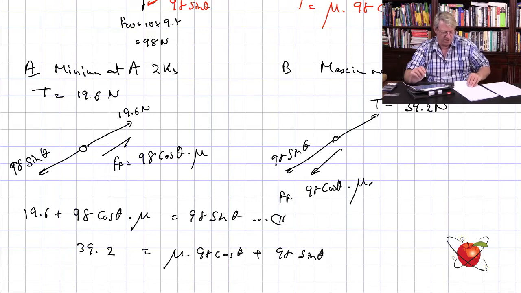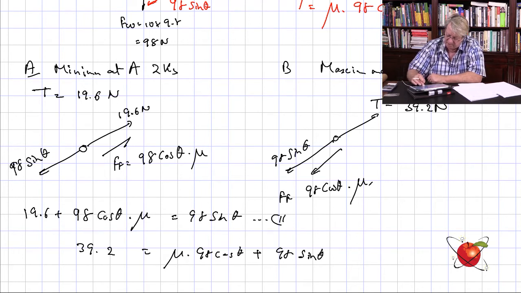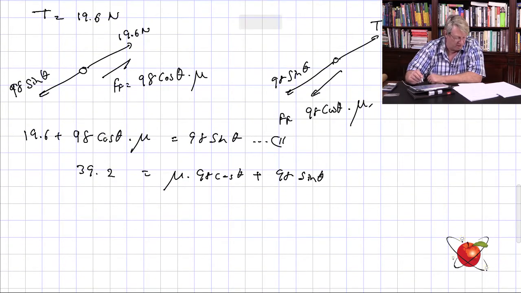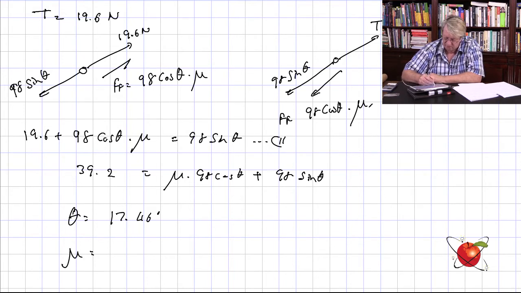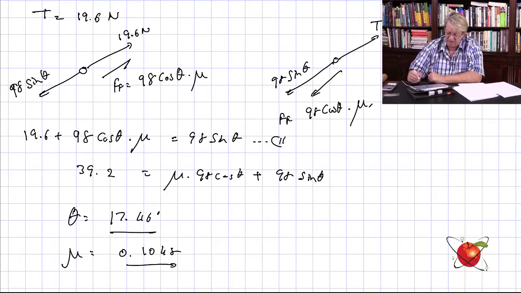Then we solve those two simultaneous equations, and I'm not going to do the maths, but we end up with theta equal to 17.46 degrees, and mu equal to 0.1048.